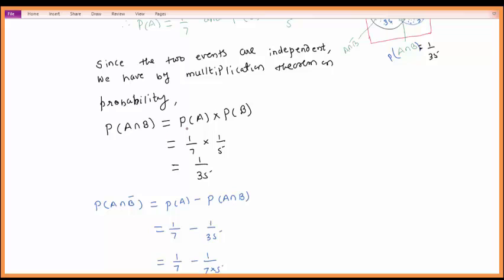So P of A is equal to 1 by 7, P of B is equal to 1 by 5, so P of A intersection B is 1 upon 35. Up to this you will understand.